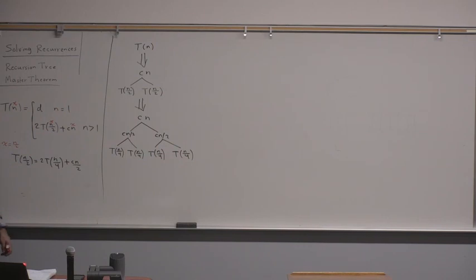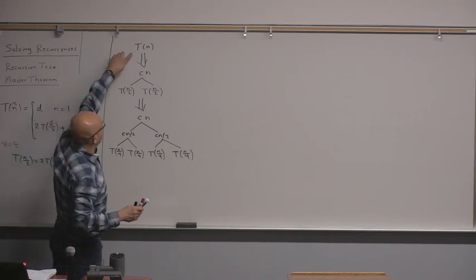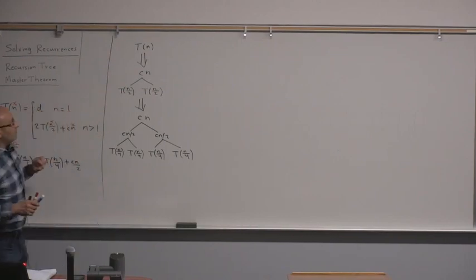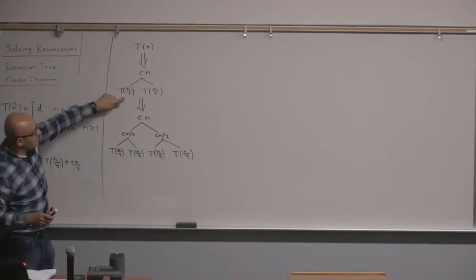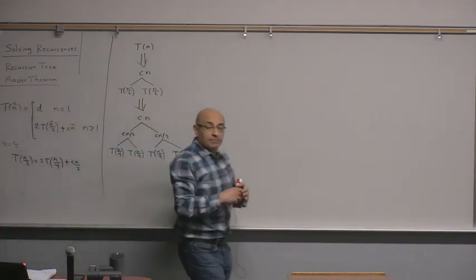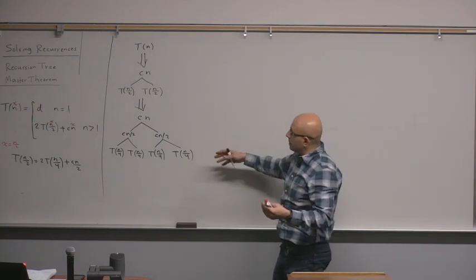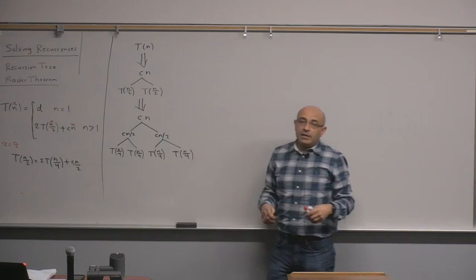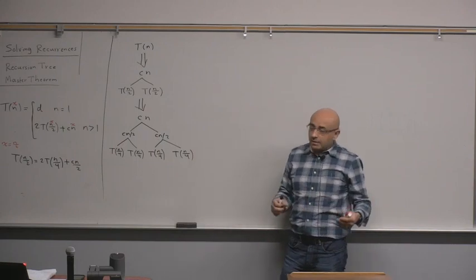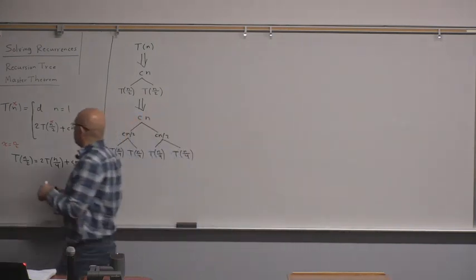Now I have made two levels of substitution. I started with T of n, then I substituted for T of n, then I did the substitution for T of n over 2, and I can keep going. I can substitute for T of n over 4, which will give T of n over 8, then T of n over 16, and so forth.